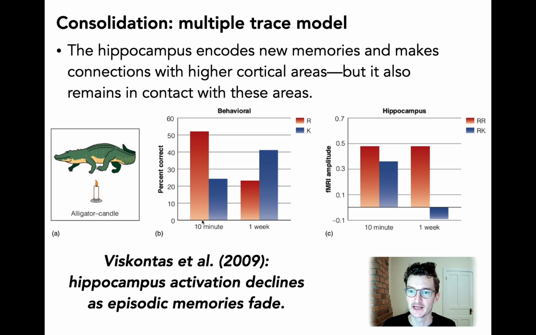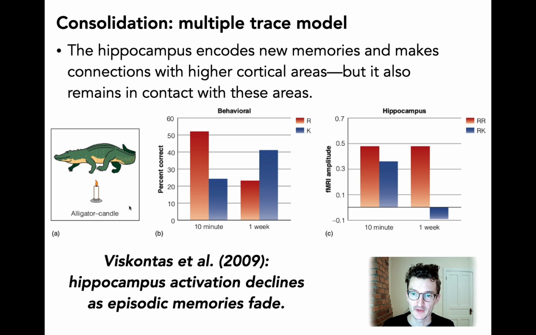The alligator swimming around with the candle on its head. However, a week later, we see this shift, as we would expect, from remembering to knowing. They remember that they saw a pairing of an alligator with a candle, but they don't remember this fictitious episode that they created in their mind of the alligator swimming around with the candle on its head.